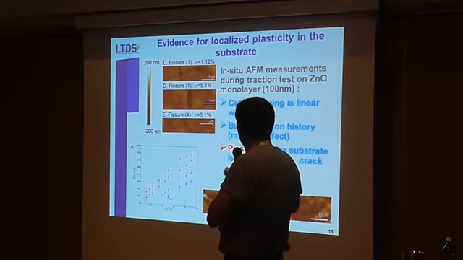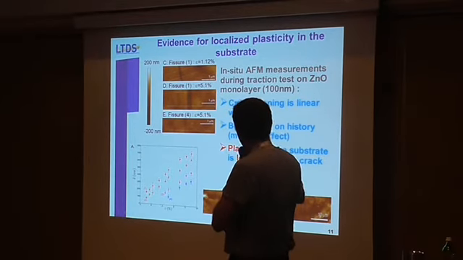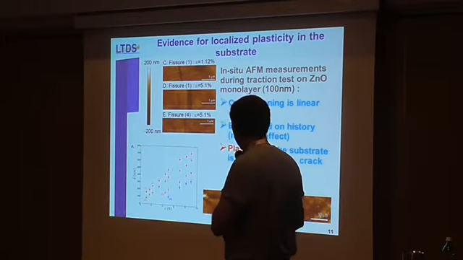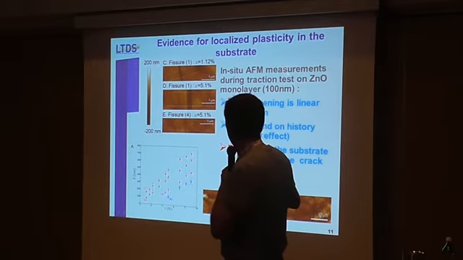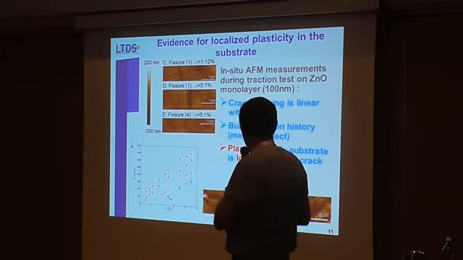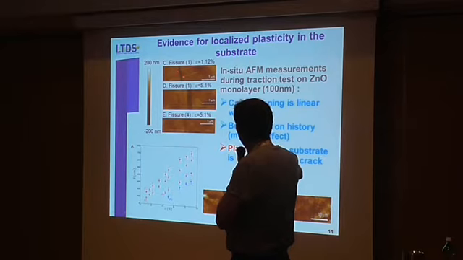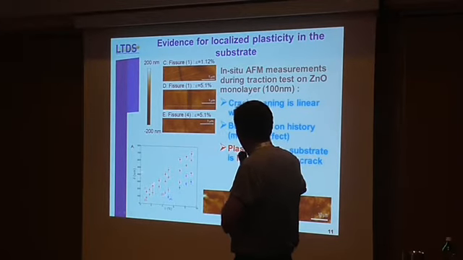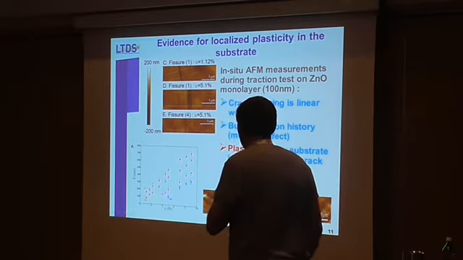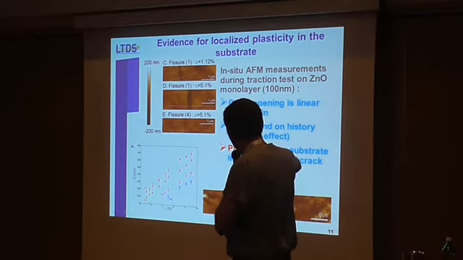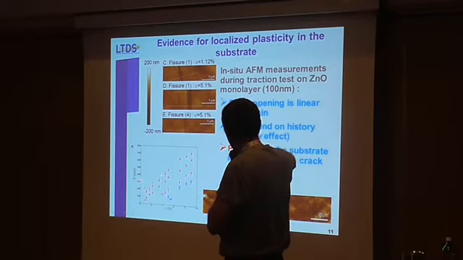Why do we think that plasticity occurs in the substrate? Because we have some experimental evidence. We performed in situ AFM measurement during the traction test, on the experiment I showed you just before. Here you can see that the crack opening as a function of the strain is linear, which is normal for an elastic system, but this opening depends on the history.